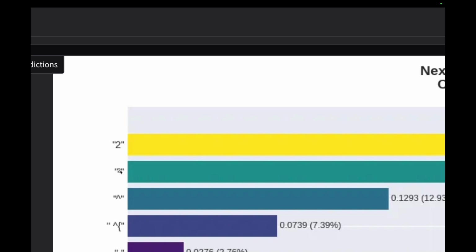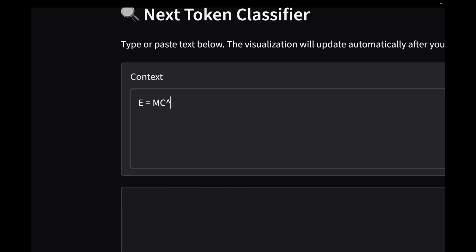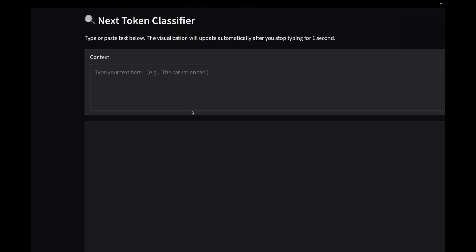It's a small superscript 2, so it looks like a power of 2, which actually makes more sense. And in the third prediction, you have this symbol, which in programming indicates the to-the-power-of operator. This means that the model has probably seen this in many different ways, like E is equal to MC2 or MC to the power of 2, which is actually very, very interesting.